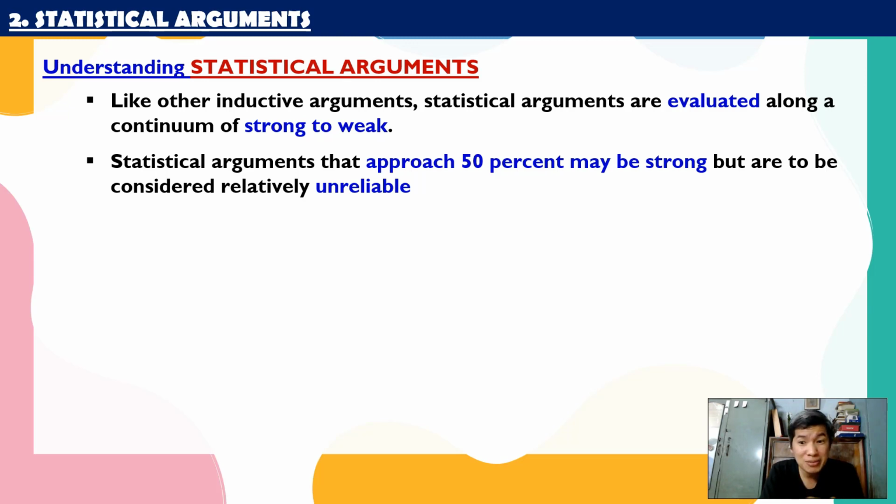It means more than 50% agree to go to Nha Trang, and they decide to go to Nha Trang. But it's unfair. Many other students do not agree. They say that it's not reliable. So 49, 51, that's more or less the same. Is it right? Then maybe it sounds strong, but it is not reliable.